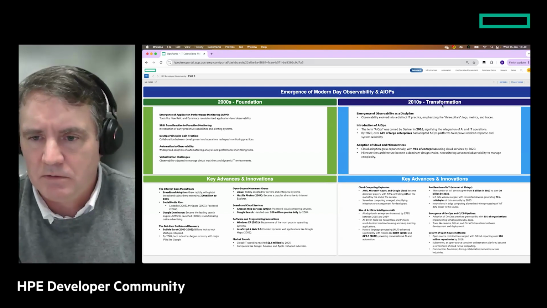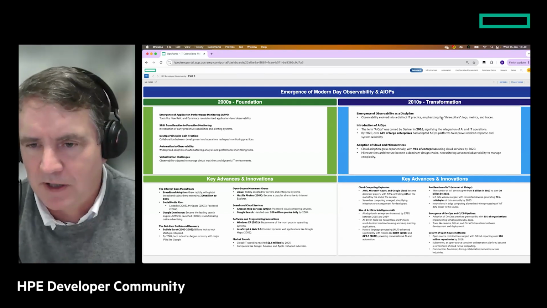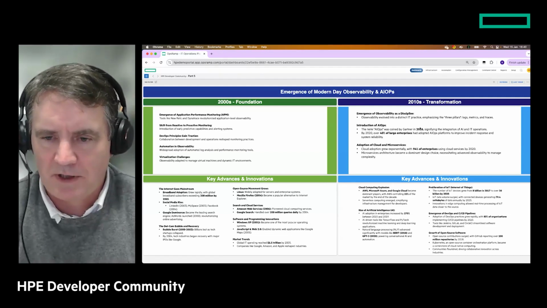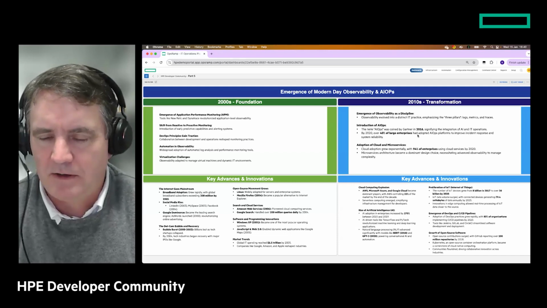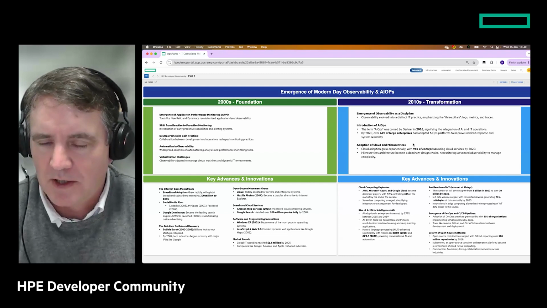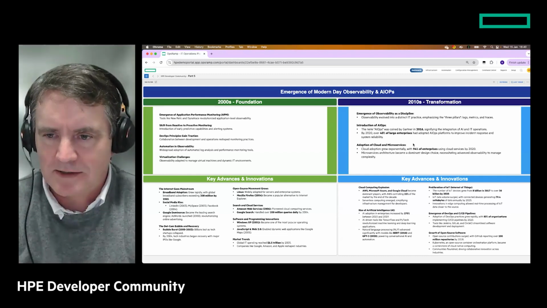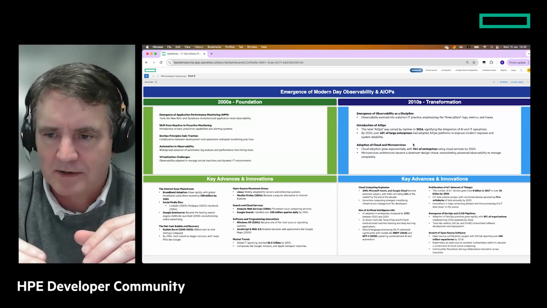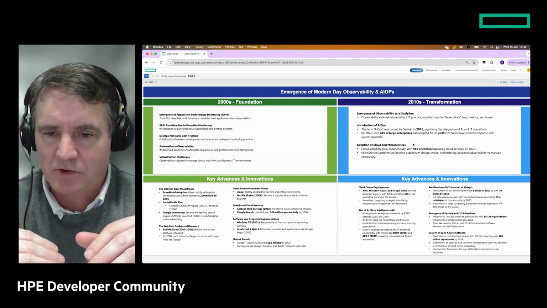So moving on to the 2010 period. We're starting to see the emergence of observability as a distinct discipline within an IT organization. So the idea is that it's based around three pillars. You have metrics, logs, and transaction traces.